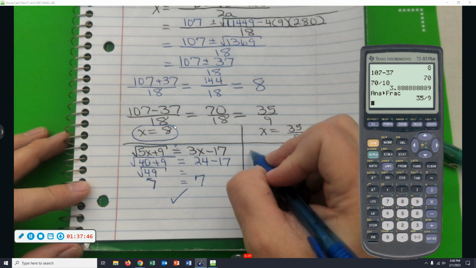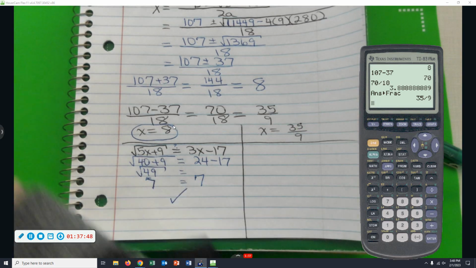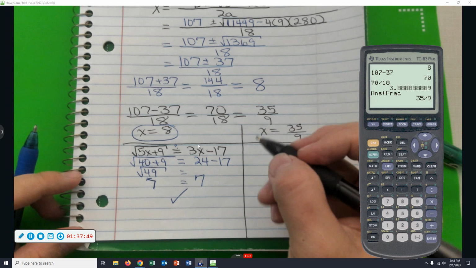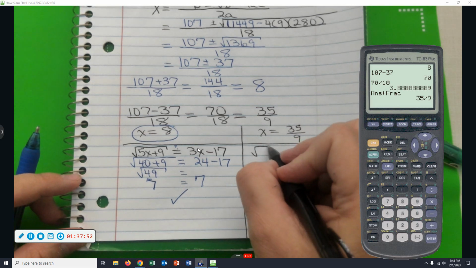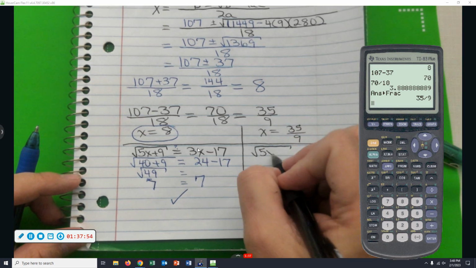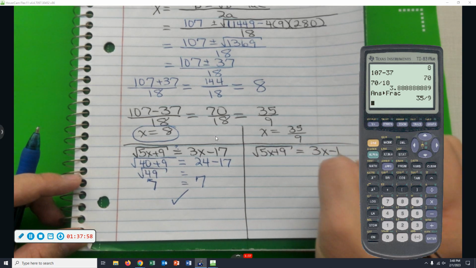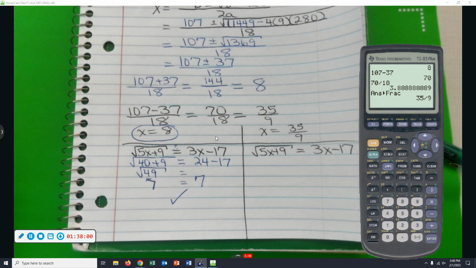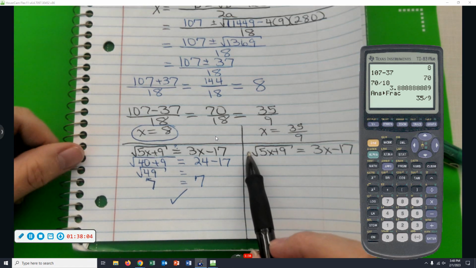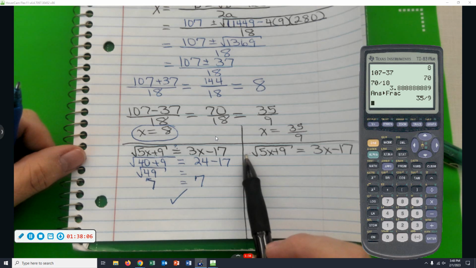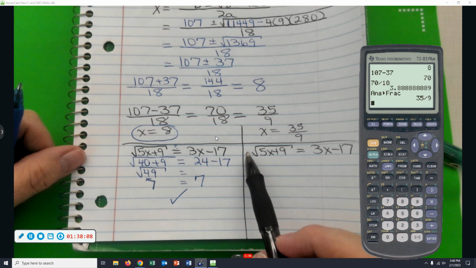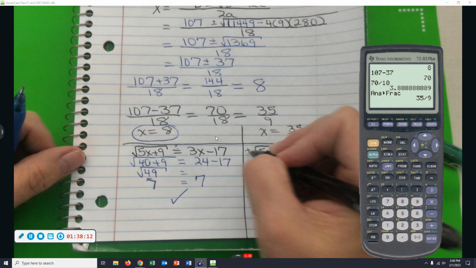Let me rewrite the thing we're plugging in: the square root of 5x plus 9 equals 3x minus 17. I don't see a sign here in front of the square root, so what do we assume it is? We assume it's positive.